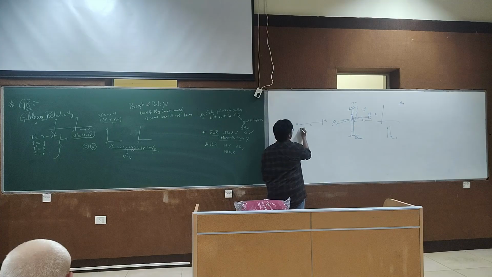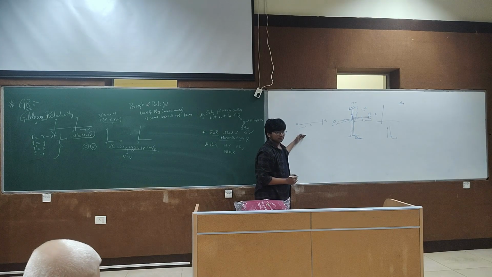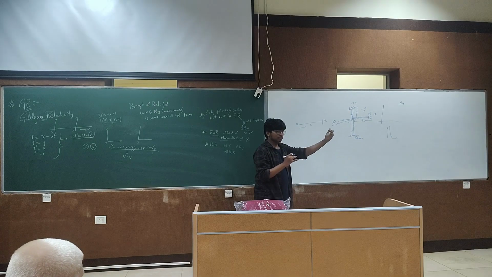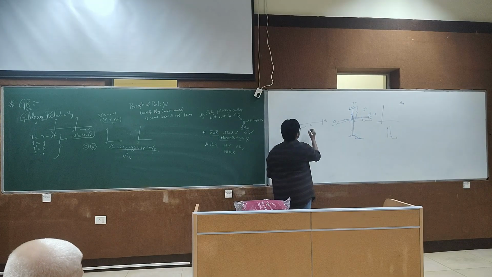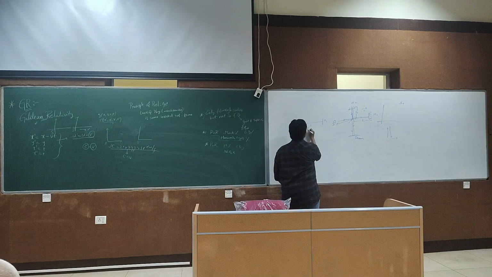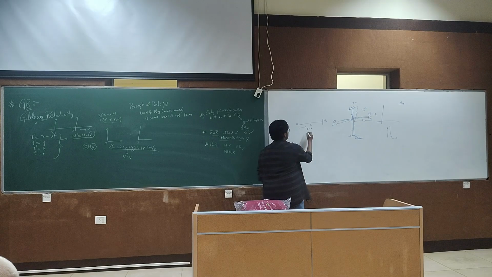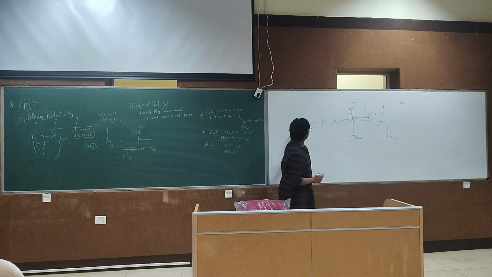So when going like this, it goes with a speed what? C minus v. We are moving at a speed v, so it moves in the opposite direction, the effect is opposite. C minus v. And when the light is getting reflected, what is its speed? Fine.